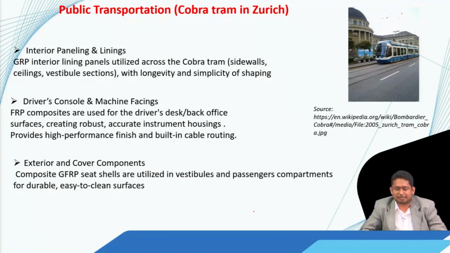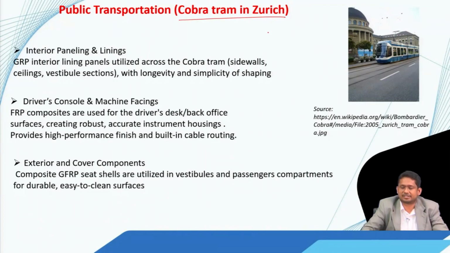Now, let us see some examples in public transportation. One interesting example is this Cobra tram which runs in Zurich. There we can see the use of GFRP interior lining panels that are utilized across the sidewalls, ceilings, and vestibule sections. This helps in longevity and simplicity of shaping.